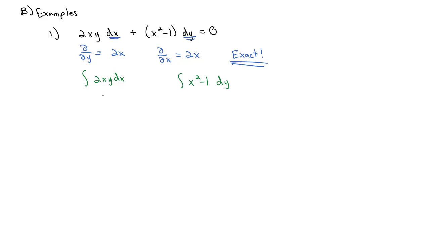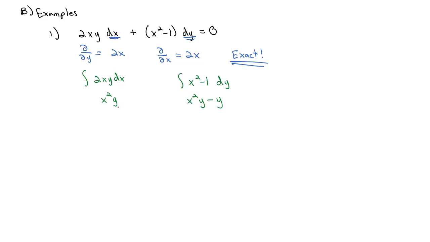When we integrate with respect to x, treating y as a constant, we end up with x squared y. When we integrate the second integral with respect to y, we get x squared y minus y. To build our solution, then, we take the union of the terms.